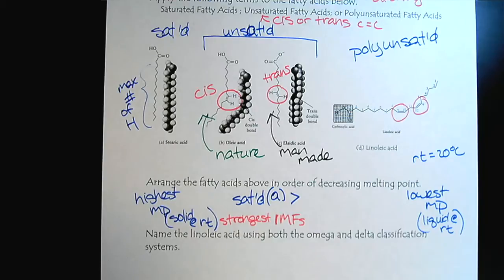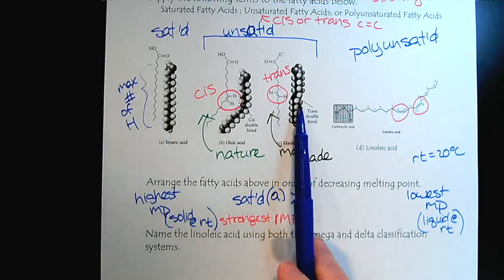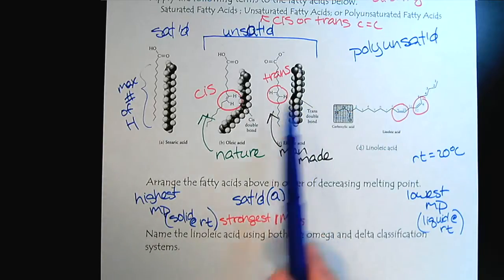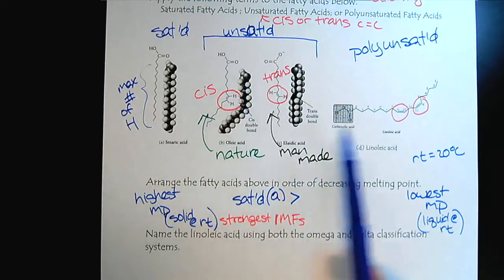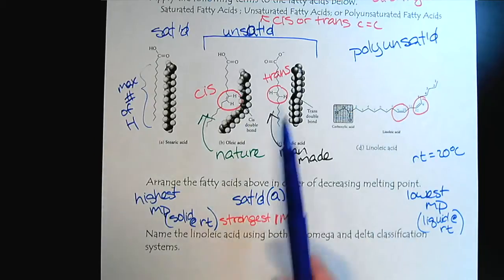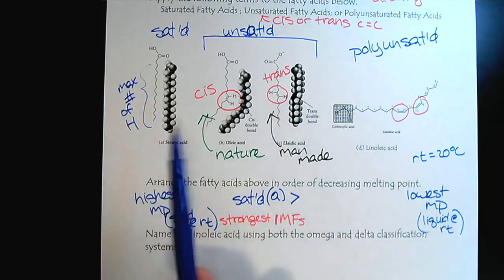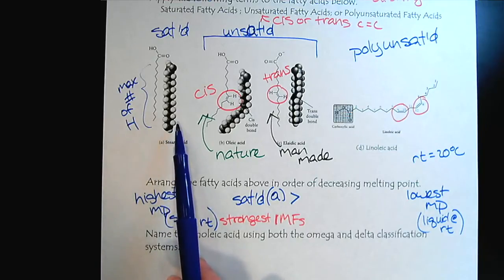So now let's look around. So using that logic, we can see that the trans, the kink in the trans, is much smaller than the kinks in the cis. And so with each kink, we are going to disrupt the interaction between two fatty acids. As we have less surface area, we are going to weaken our intermolecular forces.